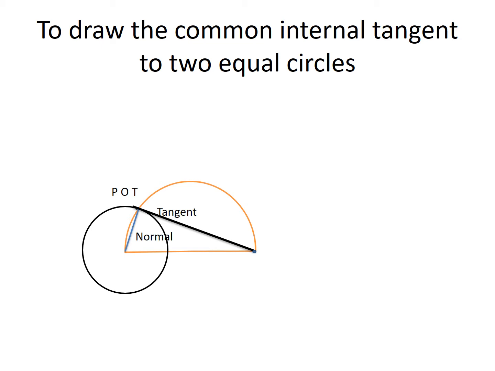Next, we're going to look at how to draw the common internal tangent to two equal circles. The common internal tangent is where we have a line that's passing in between two circles.